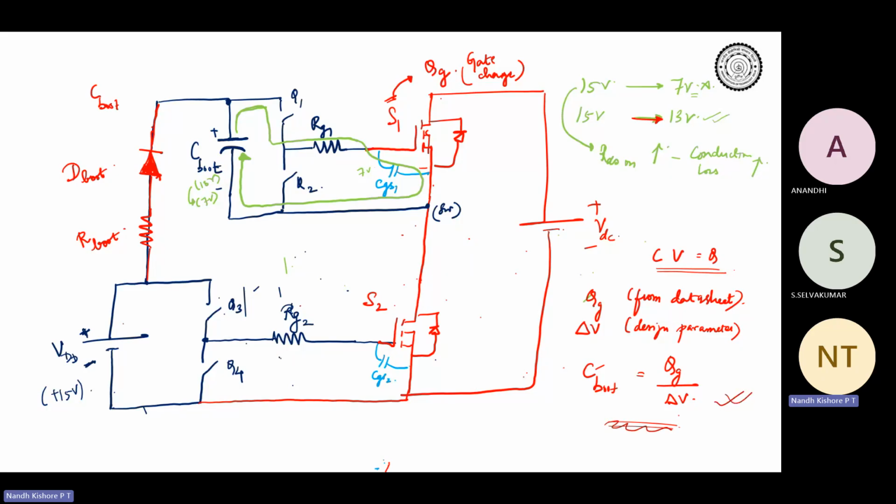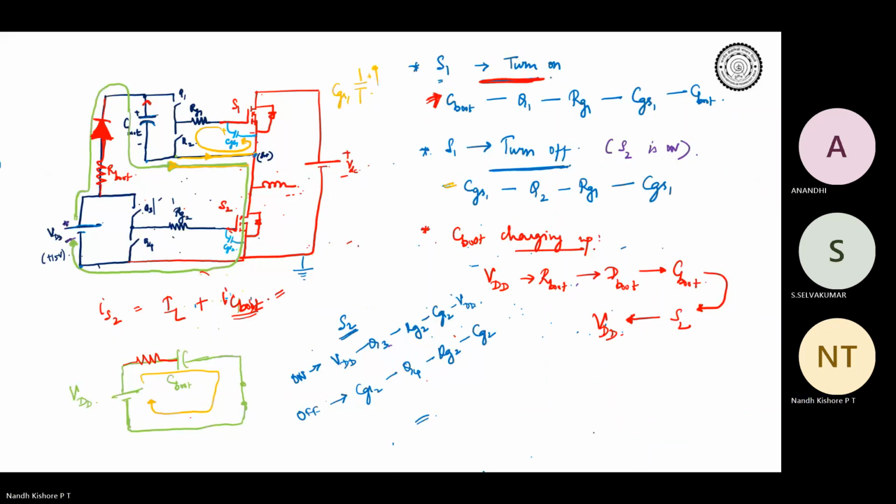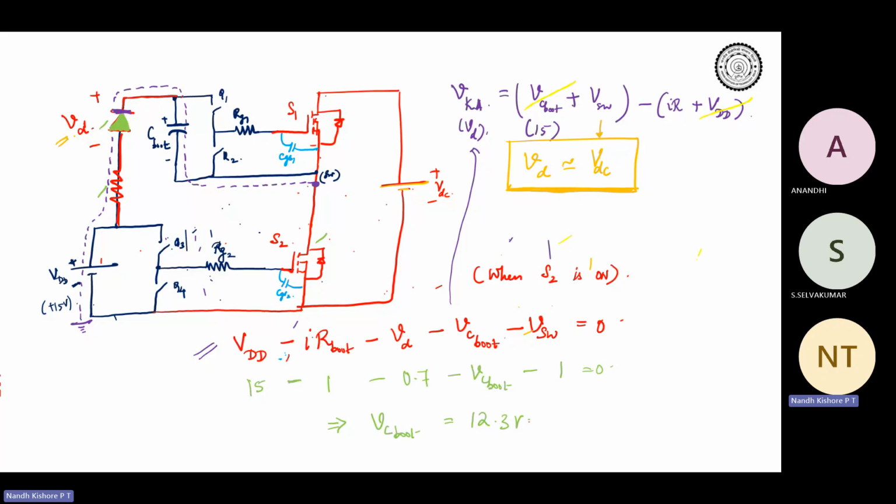This is one design parameter, and the next design parameter was how to design the D boot, the bootstrap diode. The voltage rating for the bootstrap diode comes just from the KVL equation we wrote, and we saw that the bootstrap diode should be rated to the DC bus voltage. If your DC bus voltage is 400 volt, your diode should be rated for more than that.